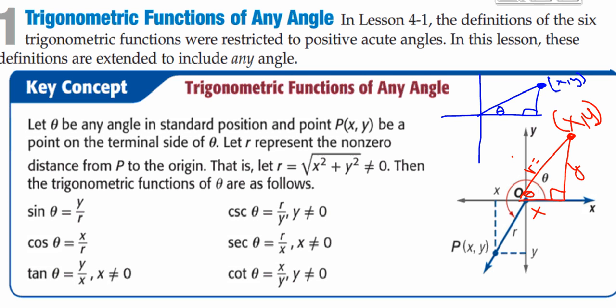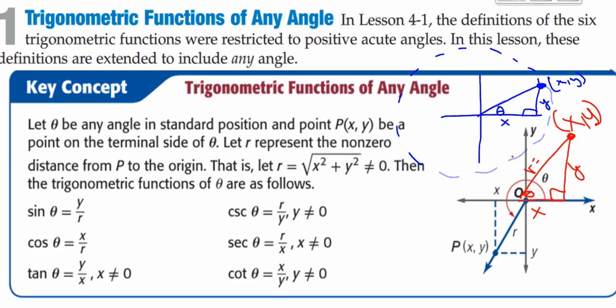So if this angle is theta, we know that if this point is x and y, then x is that distance, y is this distance, and we said last Friday, I'll pretend to draw a circle here. If I have a circle here, this side of that would be the radius, and so to get that radius, we can use the Pythagorean theorem.